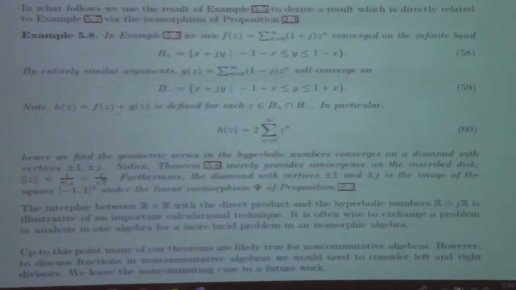So if you add them together, what's the domain? When you add two series with different domains together, where do they converge? The intersection. So the intersection of those two infinite bands is the diamond, which is the rotated square of the previous example. So this is exactly that last example filtered through the isomorphism up to a scale factor or something. I think it's the same thing.